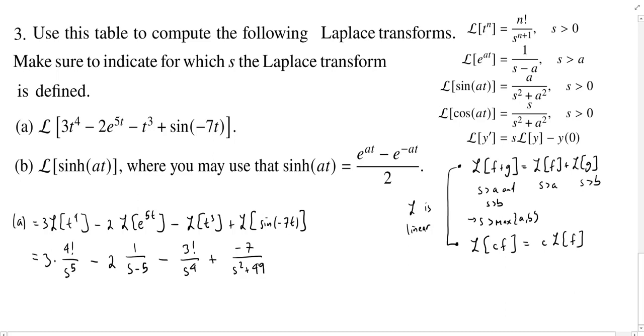All right, now I have also been given another instruction, which we have to read, right? We need to decide for which s the Laplace transform is defined. So if you look at your table, it'll tell you this Laplace transform is defined when s is positive, whereas the one for e to the at is only defined when s is greater than a.